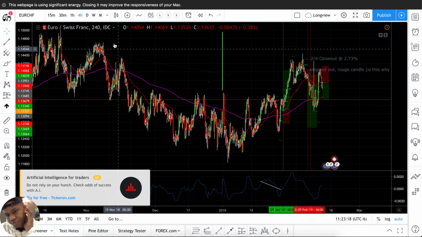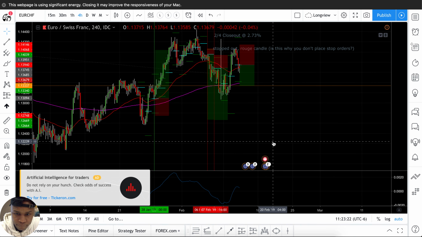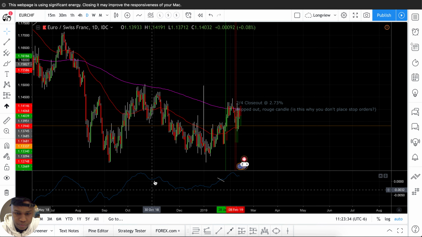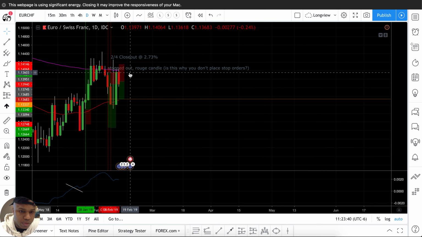Interesting. Definitely interesting. We have to break a 50 on the 4 hour as well to get there, and drop down in this area right before the 50 MA gets crossed.